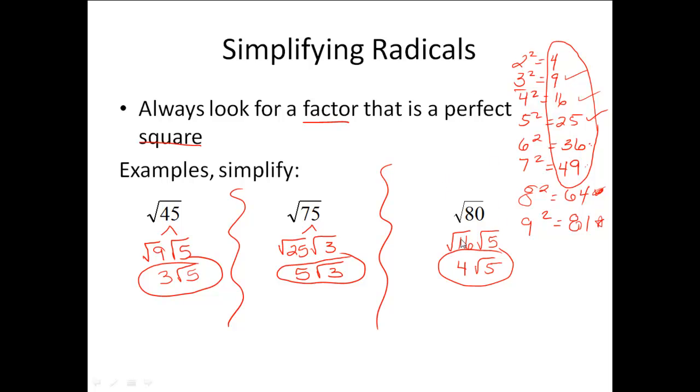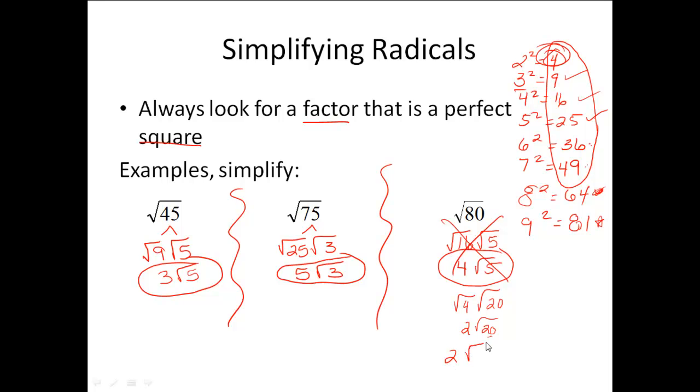Now, let's say you didn't realize that 16 went into 80 right away, and you went straight to the 4. Well, we can still work with that. So the 80, it would have broke down into the square root of 4 and the square root of 20, and you would have gotten 2 square roots of 20. But what you would have had to notice was that 20 could be broke down by the 4 again.